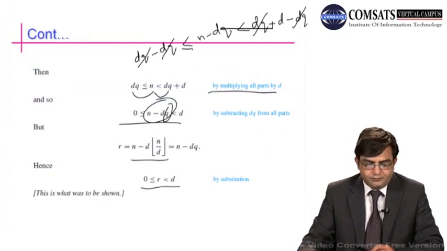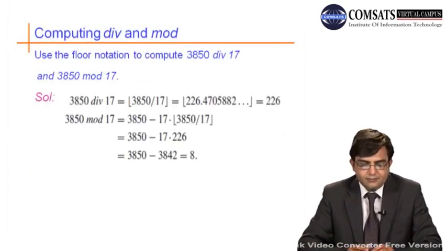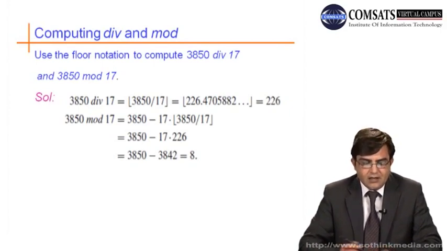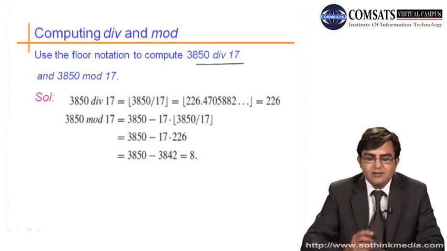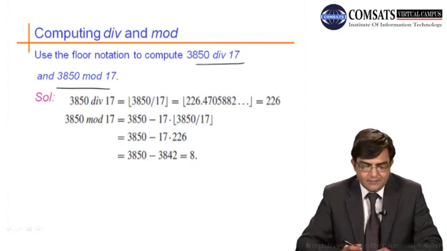So now we see an example of how we use the floor function to calculate mod and div functions. Here we have used the floor notation to compute 3850 div 17 and 3850 mod 17.